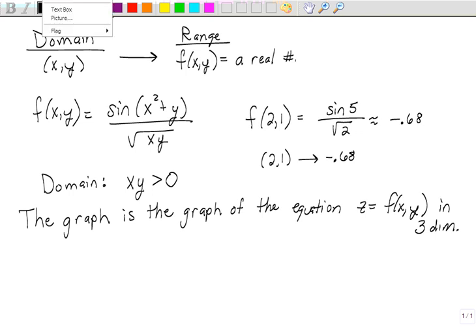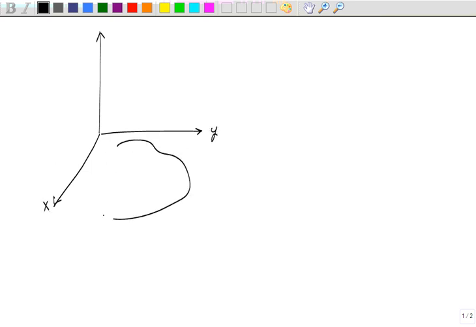Let me draw a picture of what's happening. X and Y. So the domain are all these points here, and we can call those points (x, y, 0), and they're getting matched.